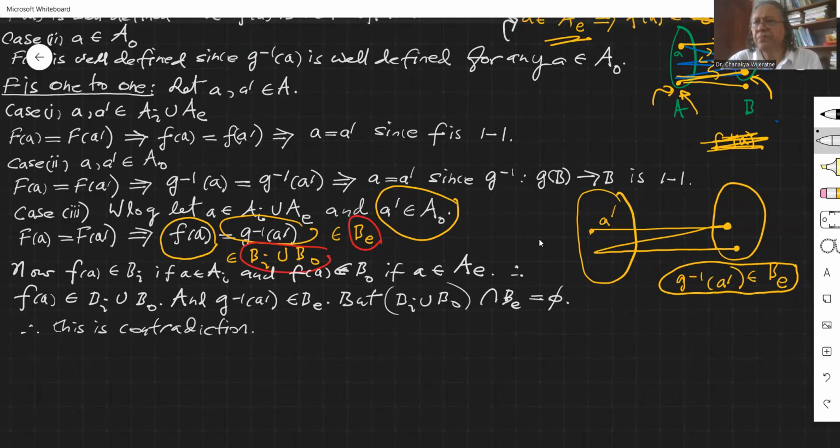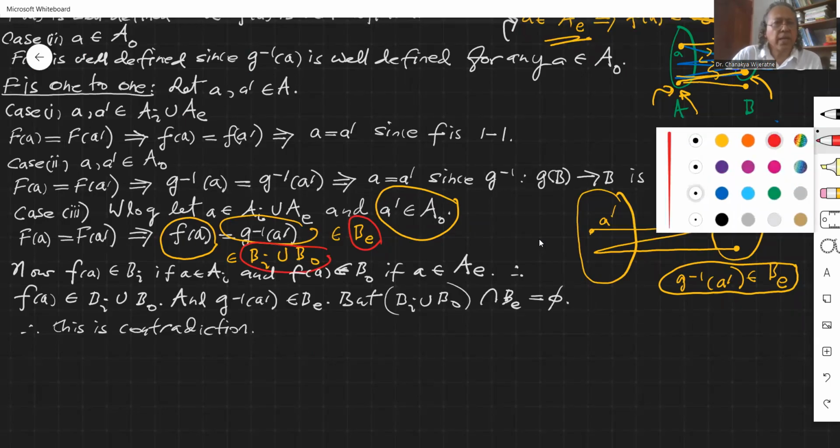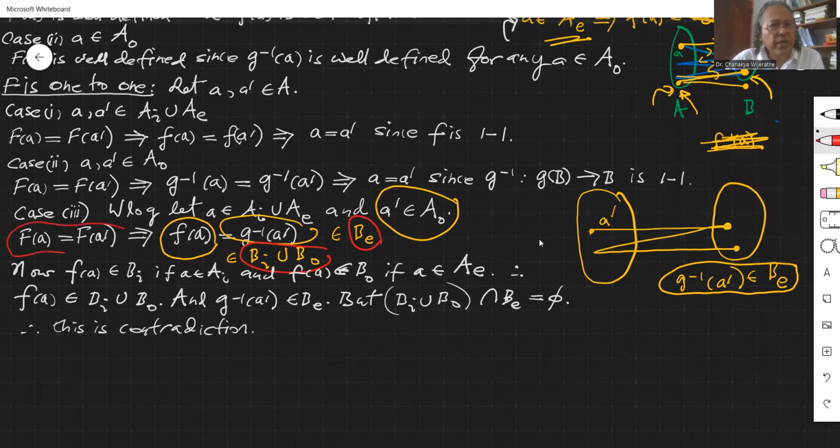What is the contradiction? The contradiction is having f of A equal to g inverse of A prime in this case.